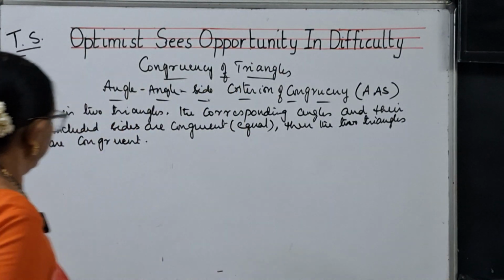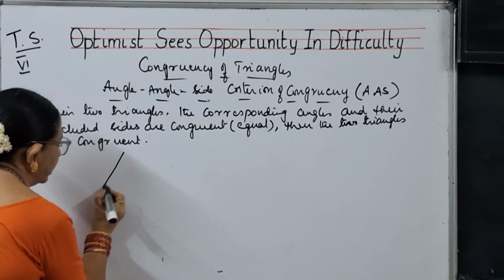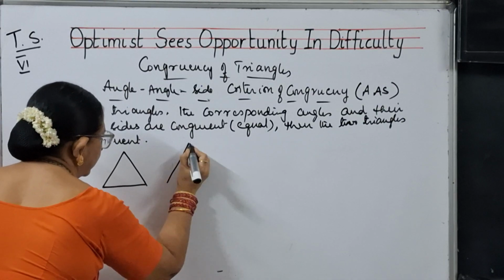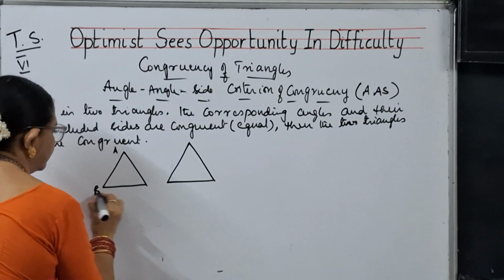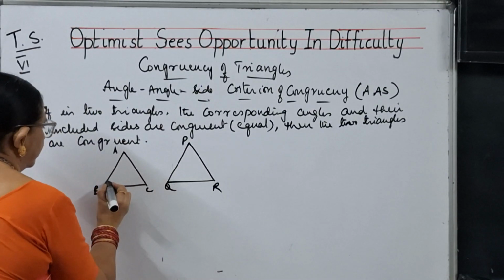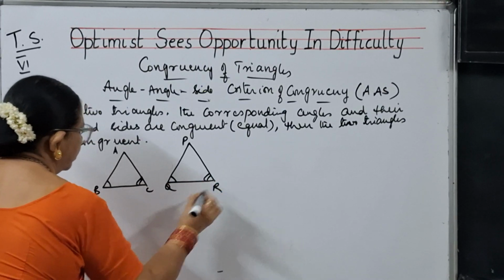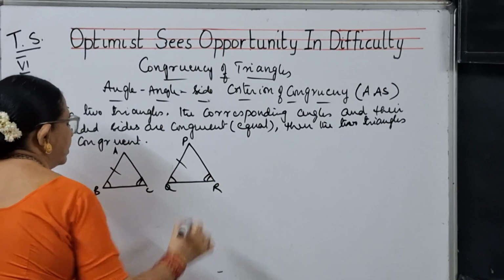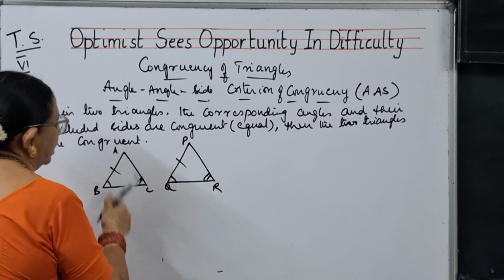So here you see. In two triangles, two corresponding angles. Let me take again triangles ABC and PQR. In this, two corresponding angles are equal. Angle B is equal to angle Q, angle C is equal to angle R. And if I say AB is equal to PQ, say children, AB is not included in between the angles.